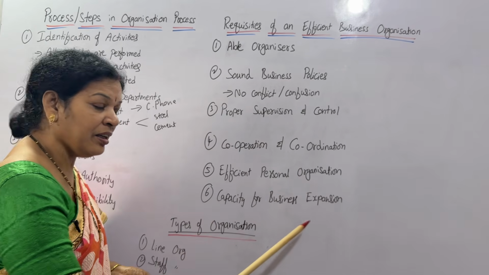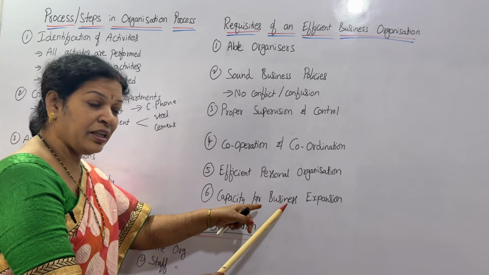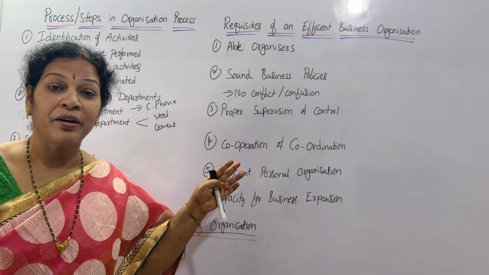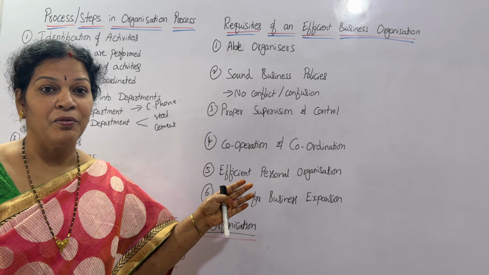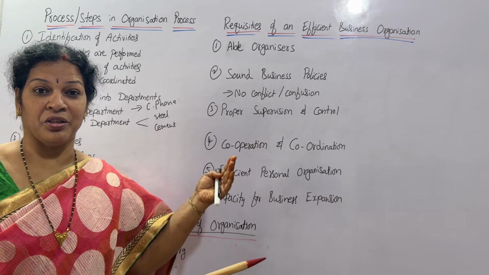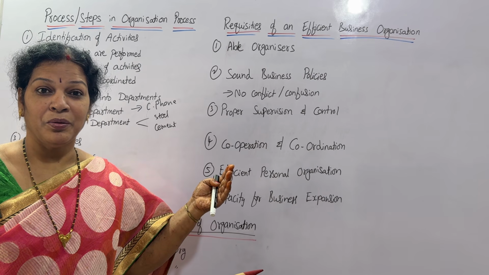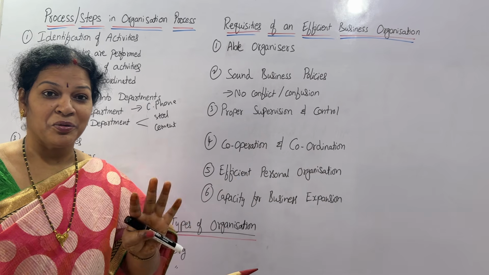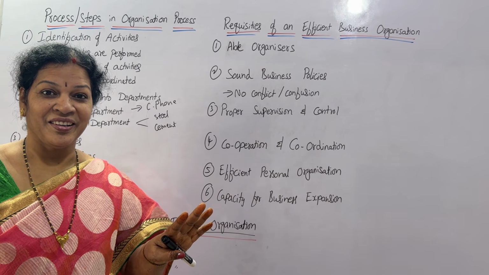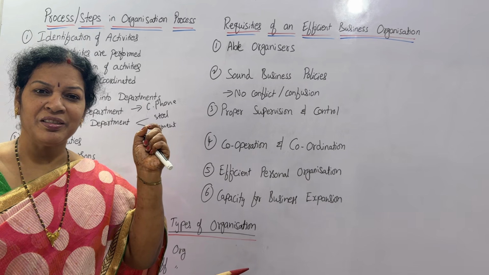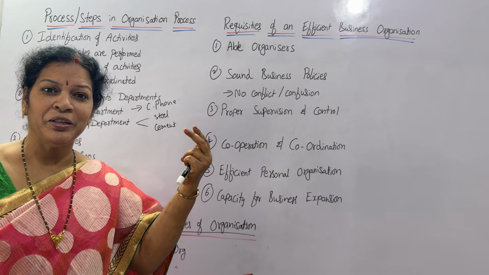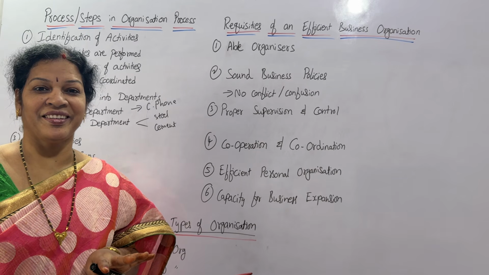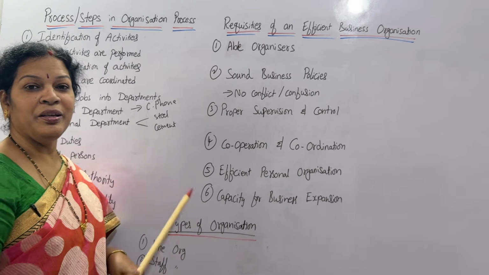So the capacity to increase the expansion of the business is also needed, you have to plan for it and get ready, because business always needs continuous growth. Staying stable, saying okay, we are running, we are protecting ourselves from the competitors, no, this is not going to work out. You have to be dynamic, always alert, and do things in an innovative way, so that you can occupy the market without any delay. So these are the requisites of any business organization.